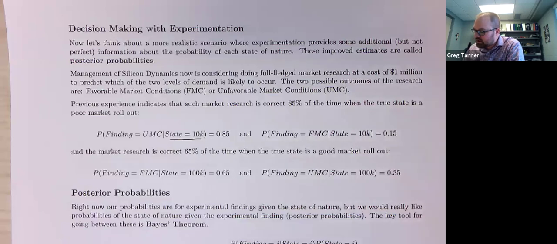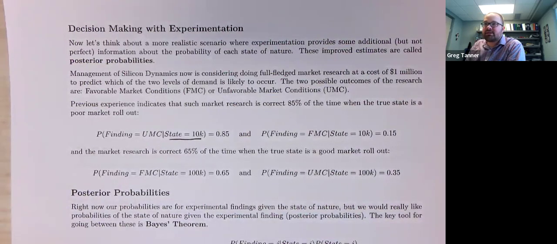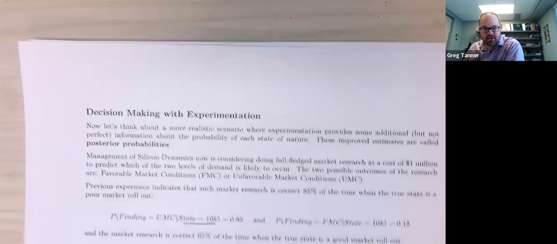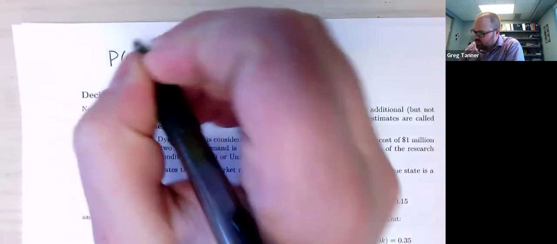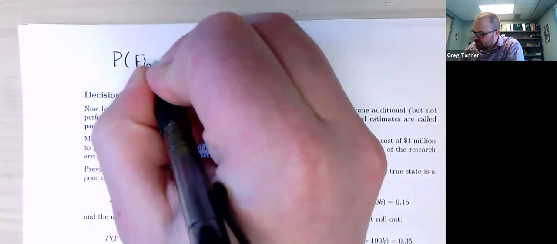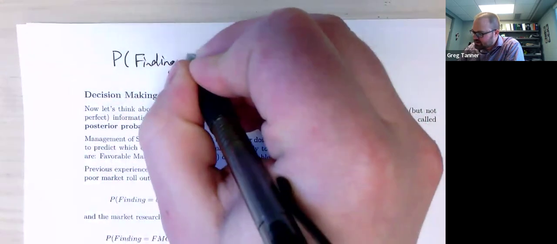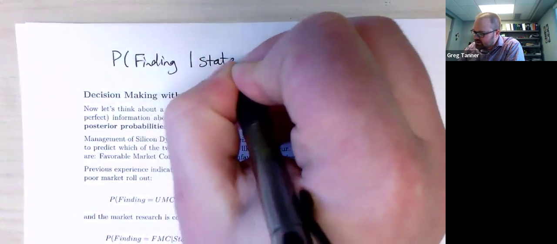So these are what are called conditional probabilities. And the way you think about these conditional probabilities that are written with this vertical bar here, these are the probability of a finding, one of our experimental findings, vertical bar, one of our states.